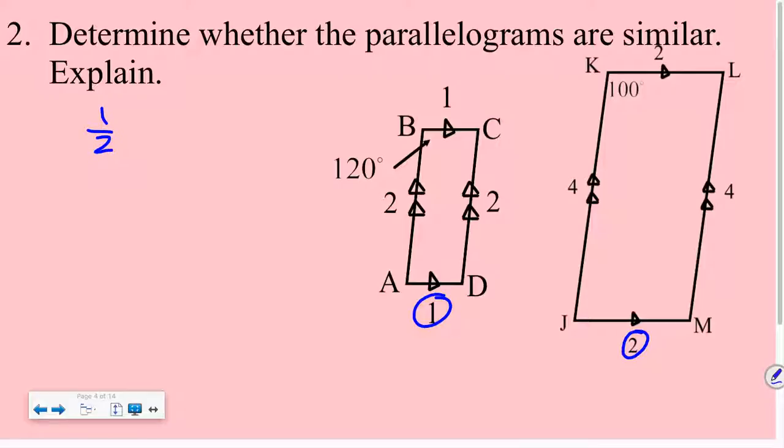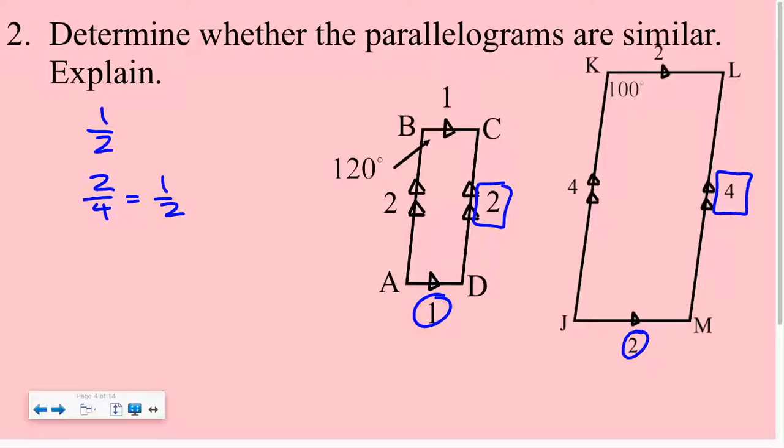What's 1 over 2? 1 over 2, right? 1/2. Then you take the longest side of the parallelogram and write that to the longest side of the other parallelogram. 2 over 4 would give me 1/2, right? Okay, so my sides are proportional. So we've met that second condition from above. Now we have to make sure all the corresponding angles are congruent.